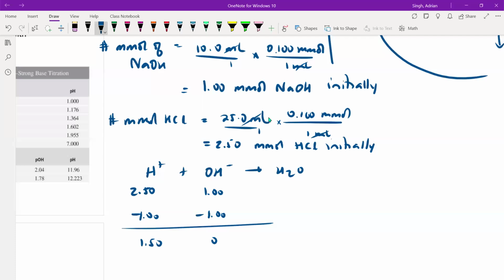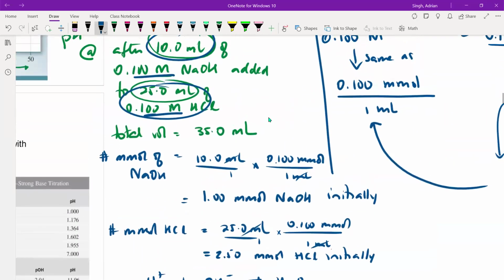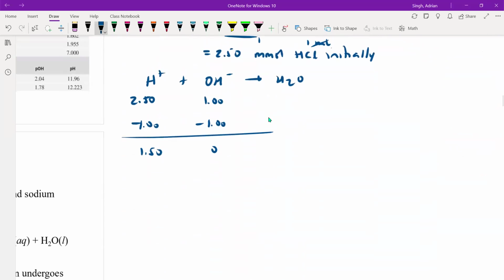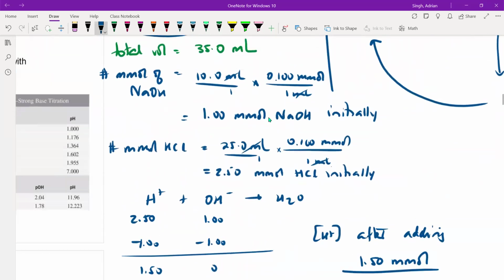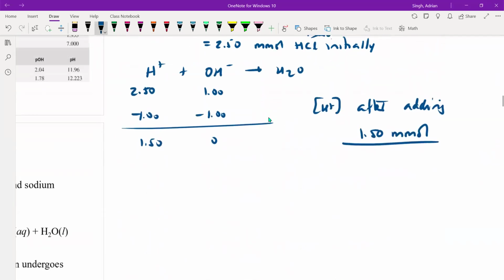All right, this is what I have after these two have reacted together in that total volume of 35 mL. So the concentration of the H+ after adding those two together would be the 1.50 millimoles left over divided by the total volume, which now is 35 milliliters.